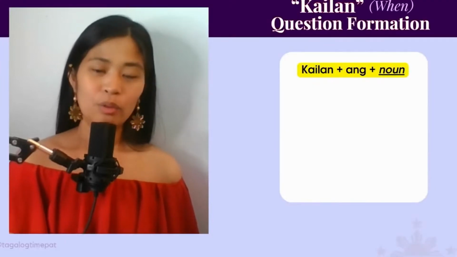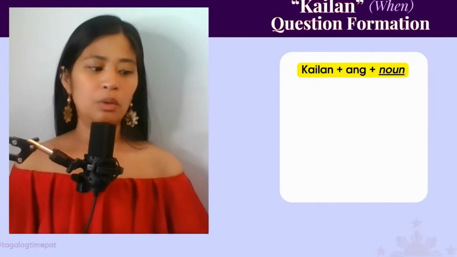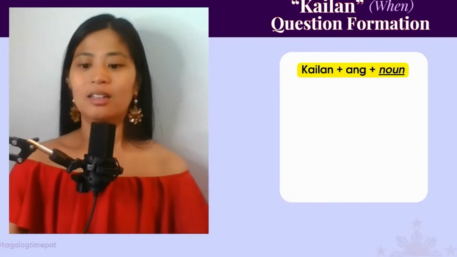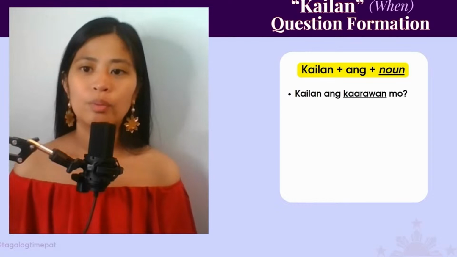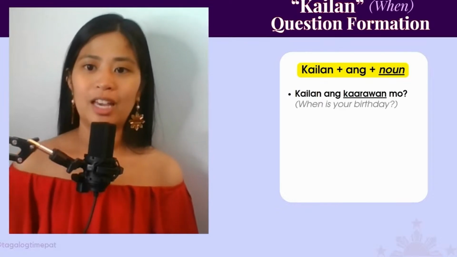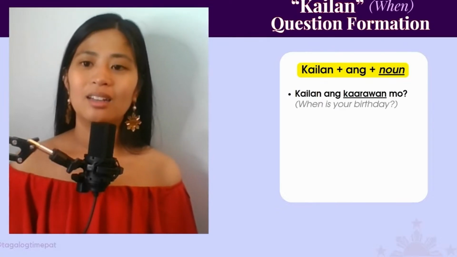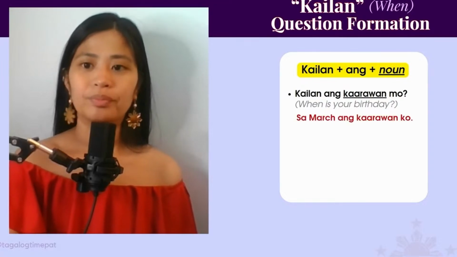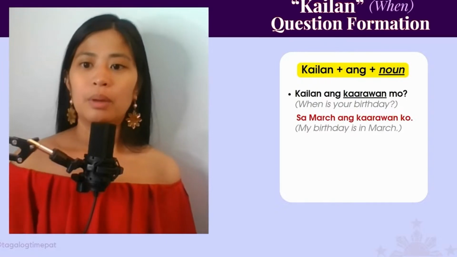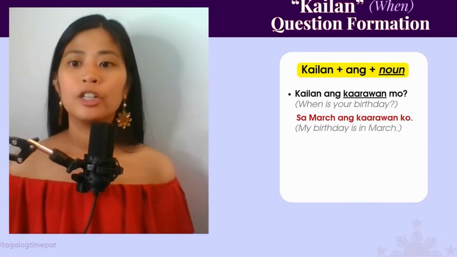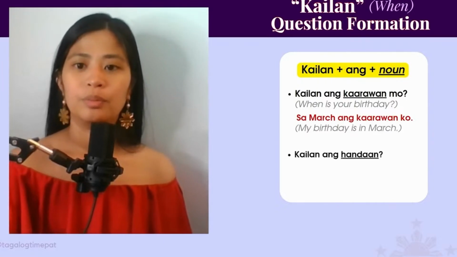So if you want to use it in a question, it would be kailan ang, and then a noun. Kailan ang kaarawan mo? When is your birthday? Kailan ang kaarawan mo? Sa March ang kaarawan ko. My birthday is in March.